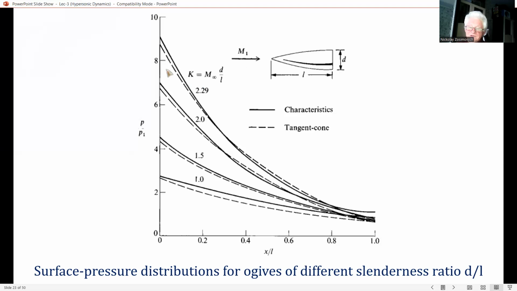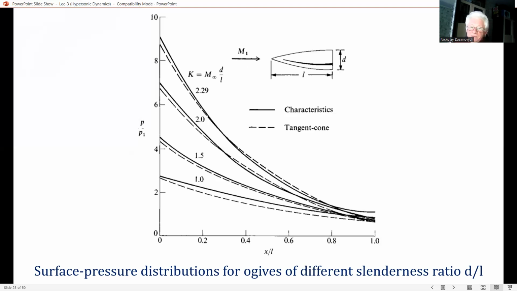The solid line in this diagram is an exact result obtained from the rotational method of characteristics. And the dashed line is the tangent cone result, where a reasonable agreement is obtained, thus illustrating the usefulness of the tangent cone method, albeit on a rather tenuous foundation. The same type of agreement is typical of the tangent wedge method.